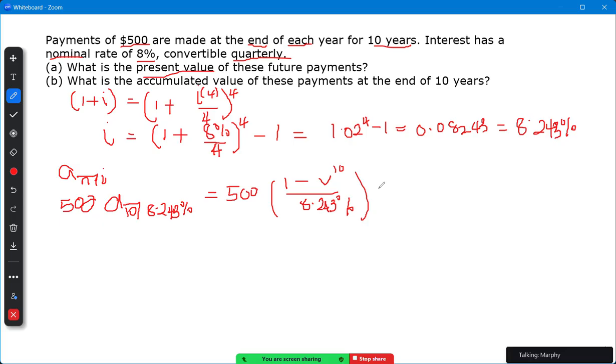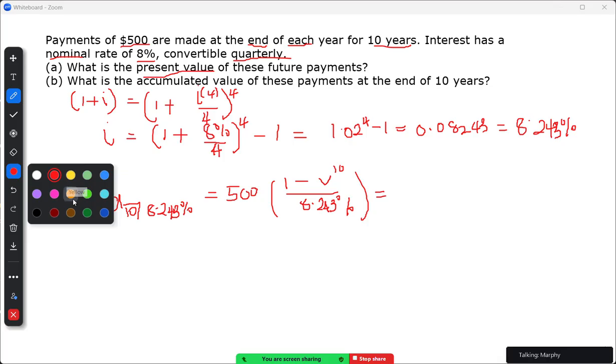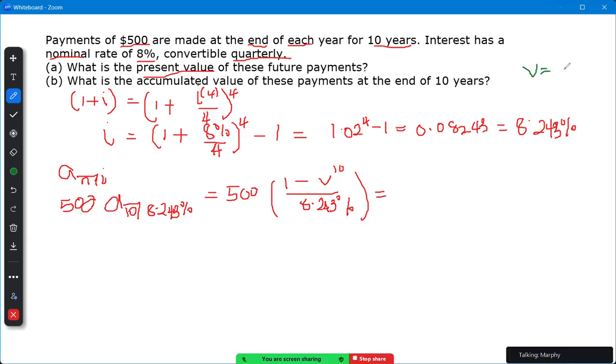Good. So when I multiply this, well, I cannot decide to say okay fine, let me calculate what the v is. Remember, v is going to be 1 over 1 plus i. Now, what is i? i is this value. So I'm going to say 1 over 1.08243. That's what my v is.